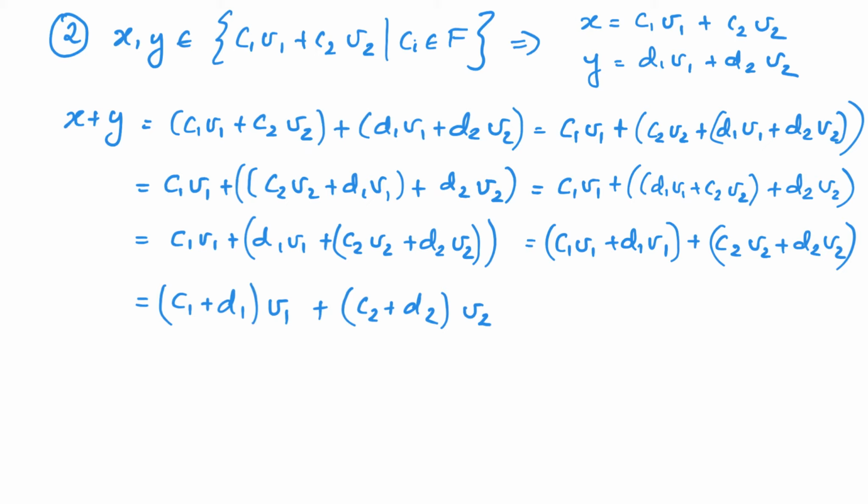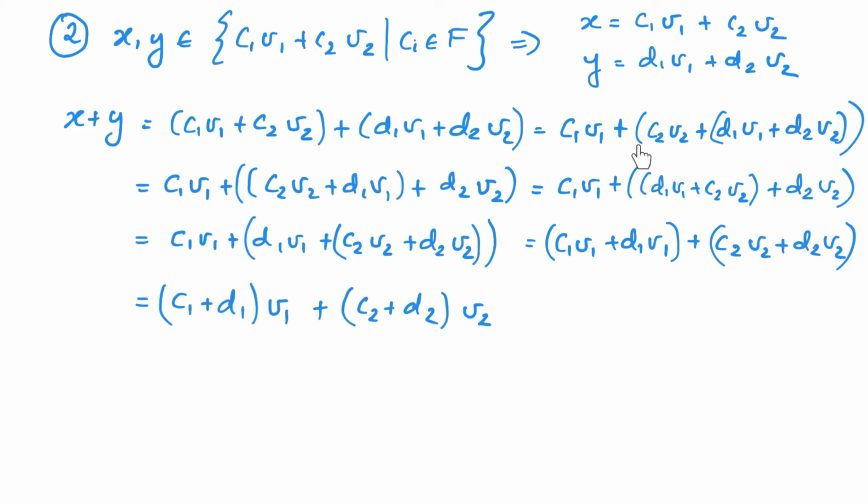Now we treat d1 V1 plus d2 V2 as one vector and consider this entire sum as a sum of three vectors and apply associativity. Then you will get that this is equal to C1 V1 plus C2 V2 plus d1 V1 plus d2 V2.